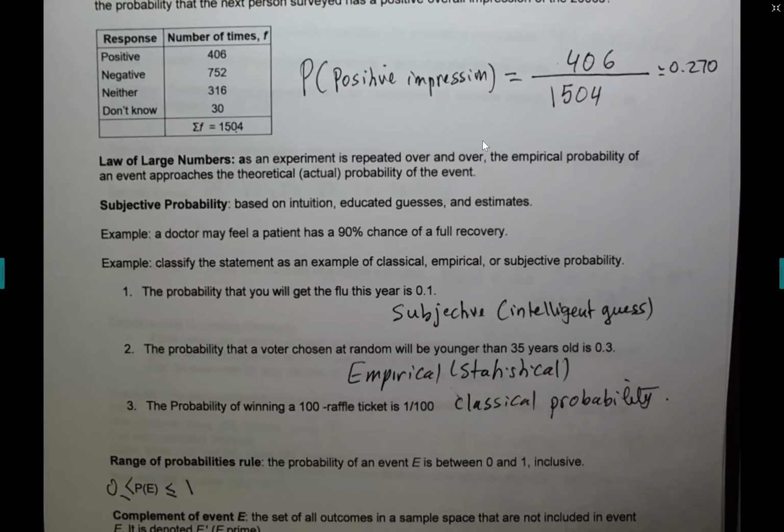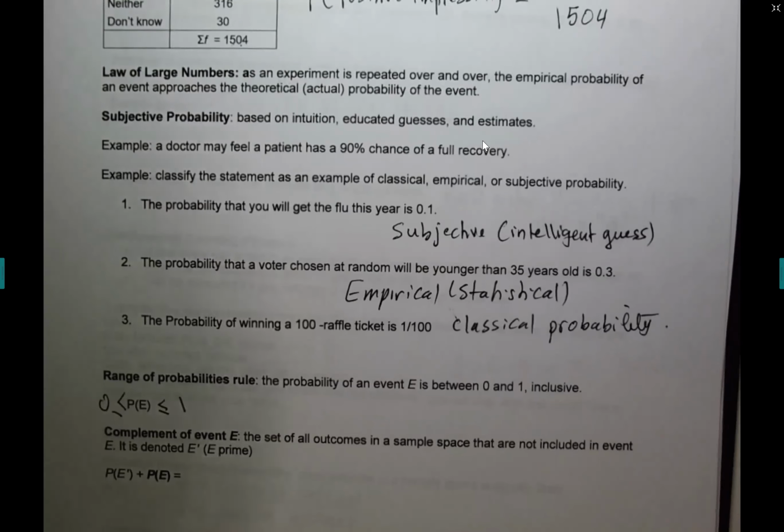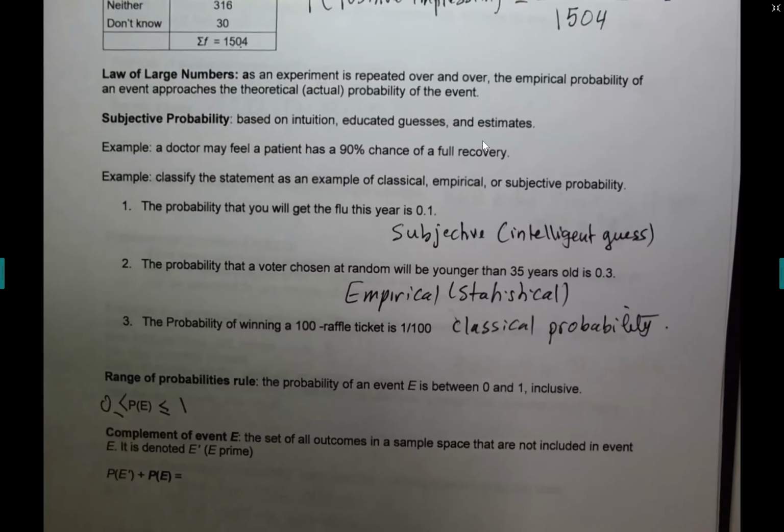So if you have 10 raffle tickets and one of them is a winning ticket, if you buy all 10 of them, what's the probability that you win? It's 100% because you bought the winning ticket. You bought all of them. So your probability will be 100%. Okay? Any questions, guys? This is a very, very important property of probability.